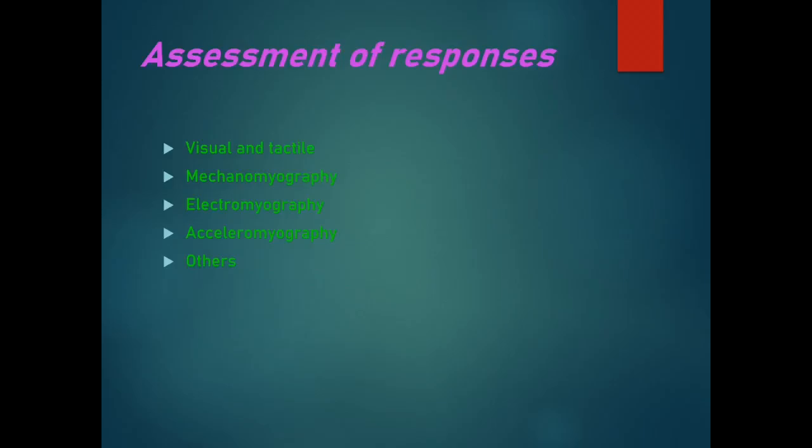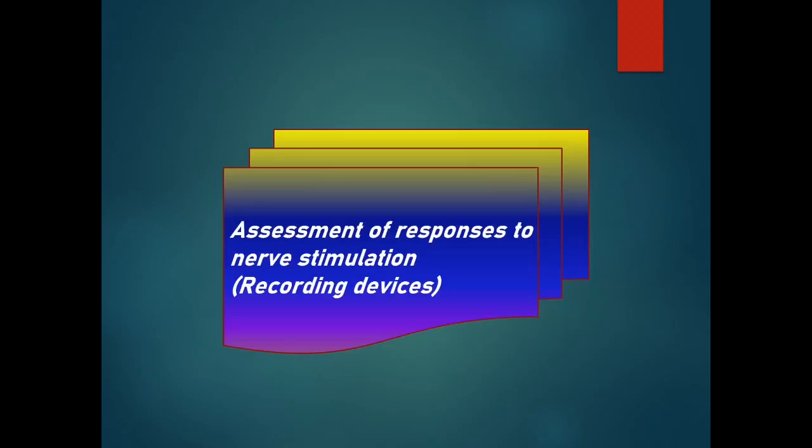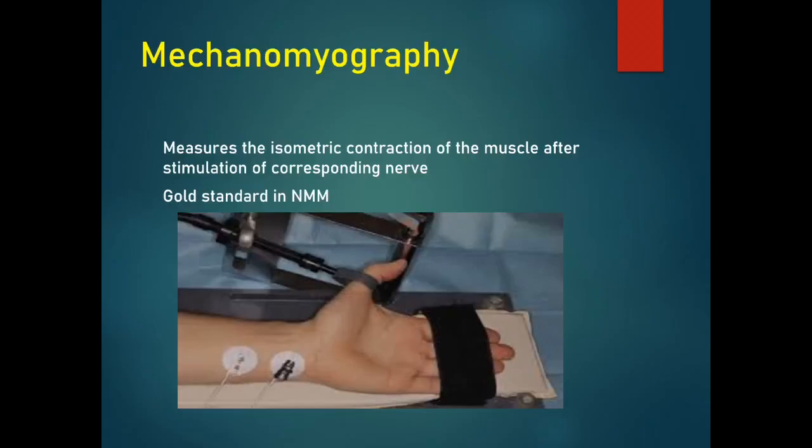Assessment of the responses. There are different ways of assessment. One is visual and tactile. Mechanomyography, that is usually done with the machines available. Electromyography, acceleromyography, and others. Now we'll see what assessment responses or recording devices are available.